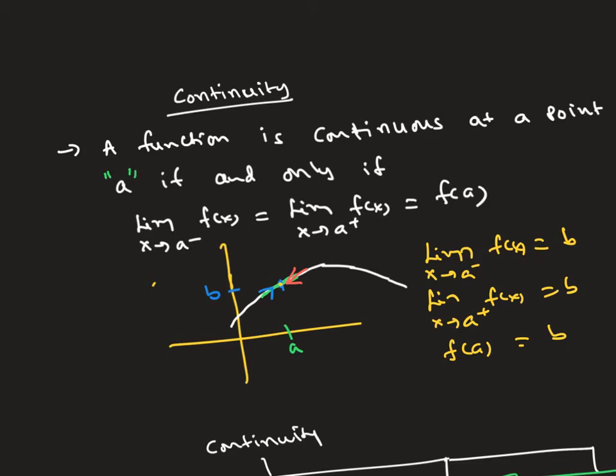So there's a point here, so hence f of A is B. So if all of these are the same, f of x is continuous at x equals A.